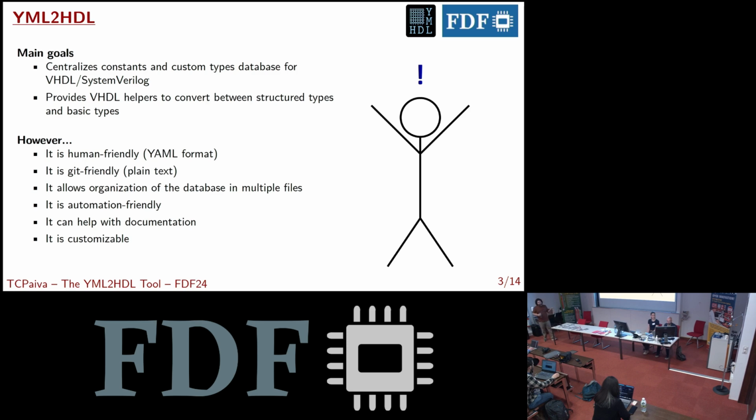And since it's a command line tool, it's also very easy to use in automation. It doesn't look like it, but it also helps with documentation. I will talk about that further ahead. And it's a little bit customizable as well.